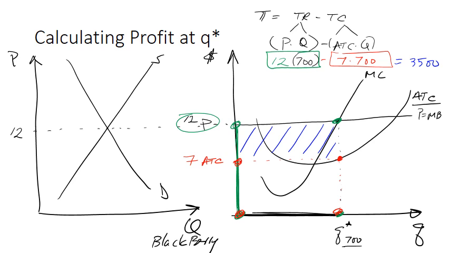Our red box is nothing more than an ATC, which is total cost divided by quantity, multiplied by that very same quantity for the base. So the area of this red rectangle is our total costs. It's going to be smaller than our total revenues, hence we know that the difference between them is our profit. Profit equal to $3,500.